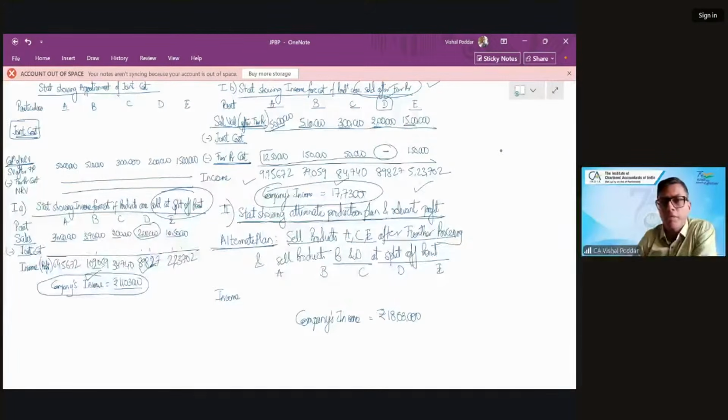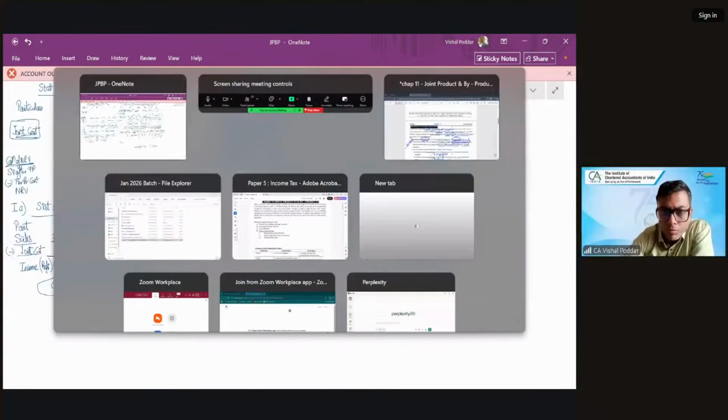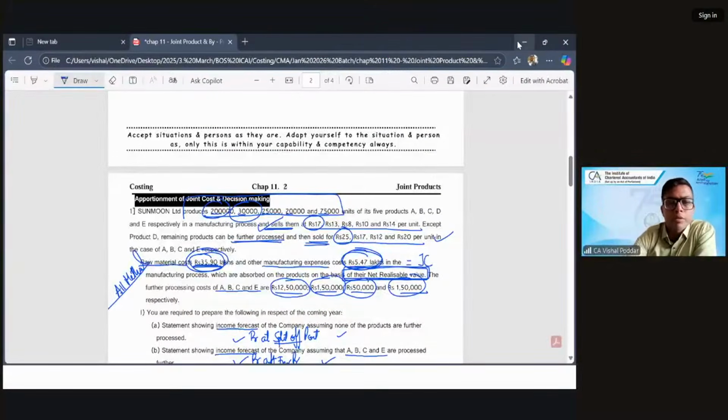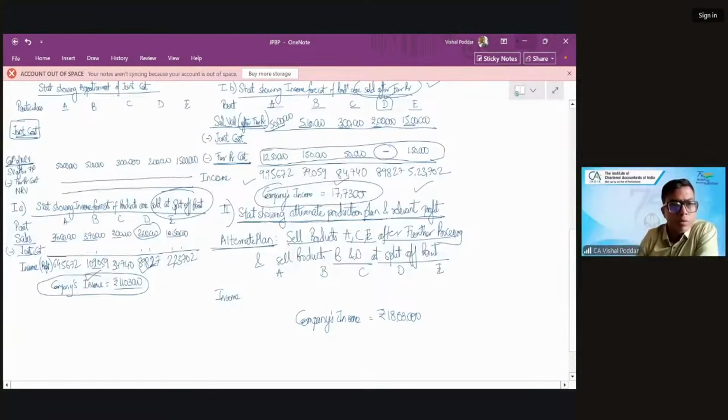These are my further processing cost. 1250 is right, no? 1250 is right. 1250, 150, 50, dash and 150, correct? So these are my further processing cost.